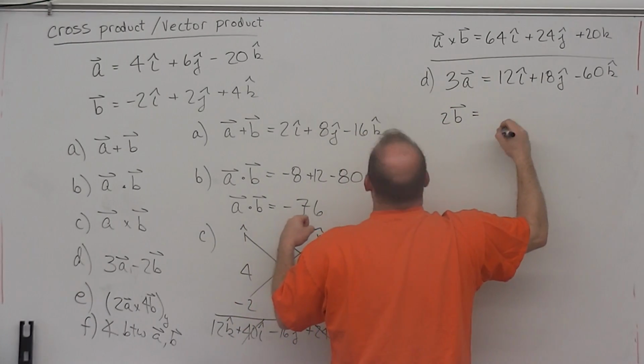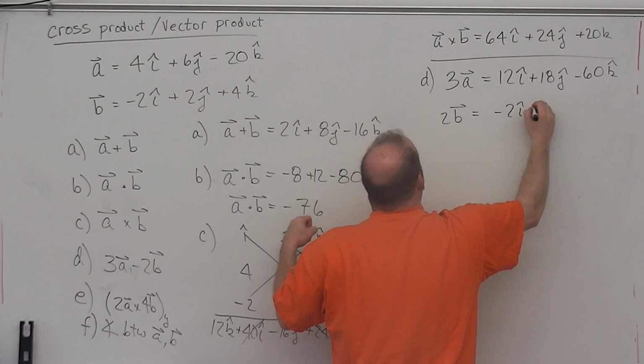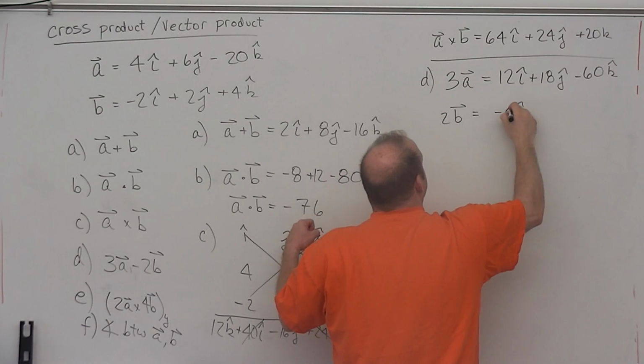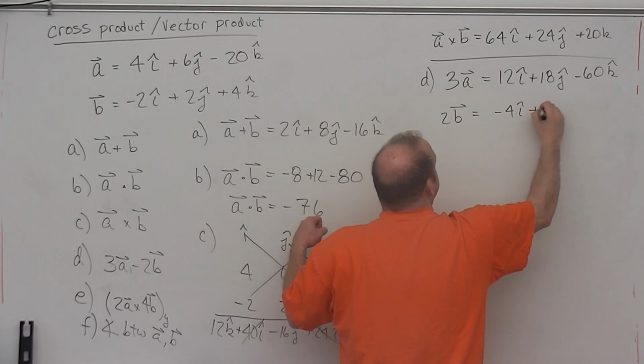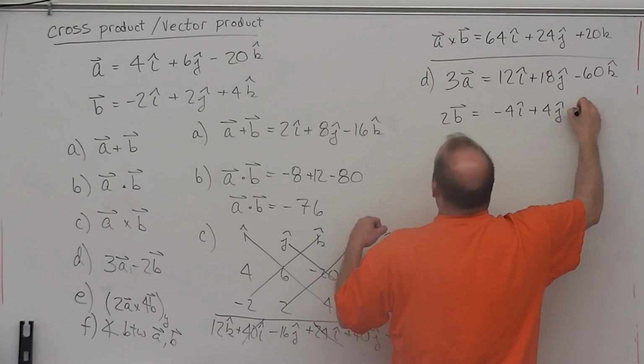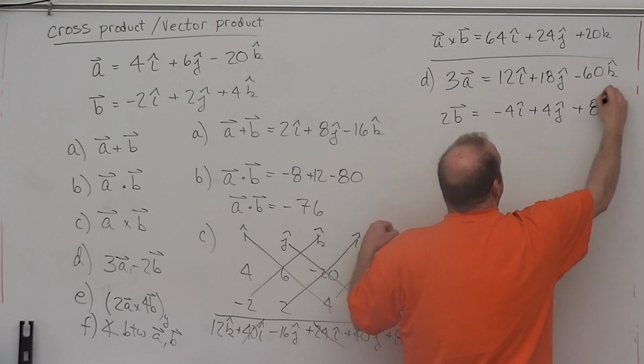2B is equal to negative 4i hat plus 4j hat plus 8k hat.